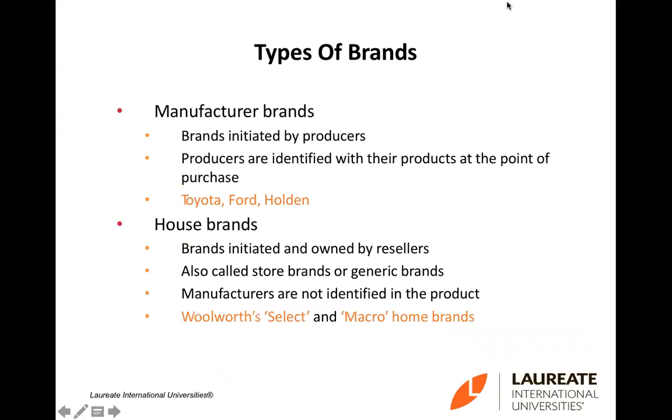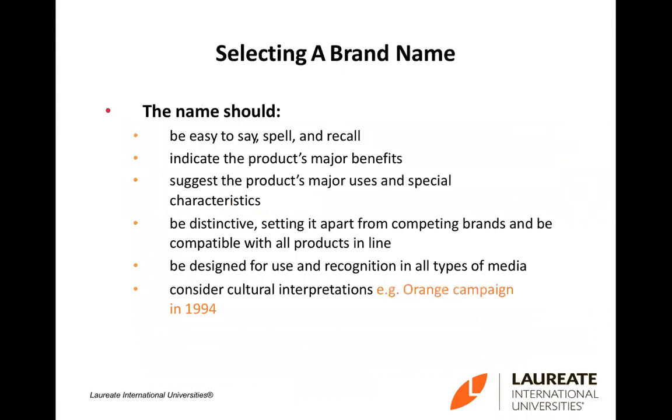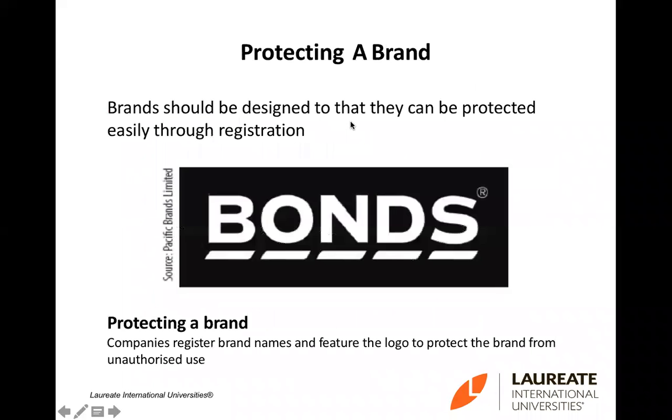So they are basically related to the brand strategy that we want to develop. And selecting a brand name is also something that we need to consider. Have a look at your e-text to go through more details about selecting a brand name. And we also need to consider the aspect of protecting the brand.